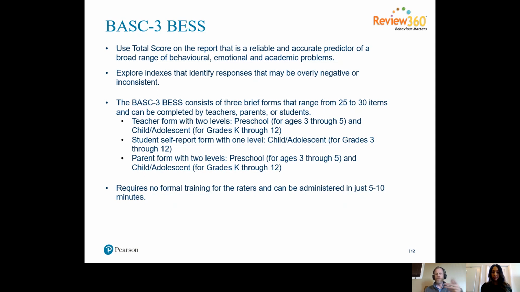Depending on the rater, the teacher, the student, or the parent, we also have them designed so that there's a preschool form versus a school age or a child adolescent. And same thing with the teacher forms, that we have some for preschool students, and then those for our typical grade students after preschool.